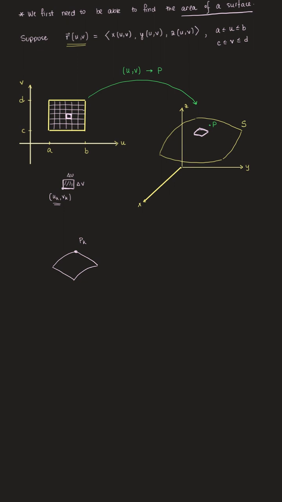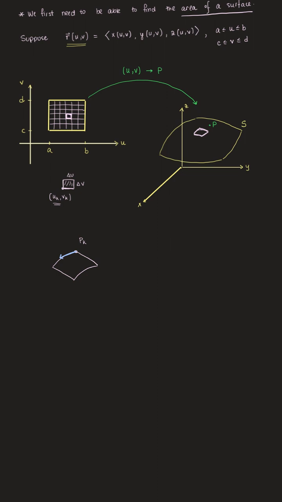There's something very powerful that we have, which is a lot of the work that we did with vector functions prior to this chapter. And that is, we know that along one of these curves on the surface, we can find a little tangent vector.